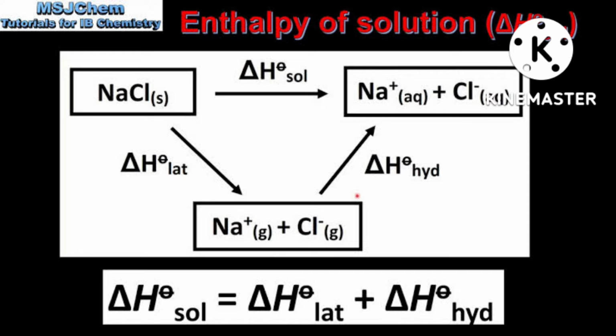Obviously, when heat is supplied, the process is endothermic. Therefore, the solubility of most salts in water increases with rise of temperature. This is the reason why solubility increases with temperature: molecules will dissociate into ions and dissolve in water.